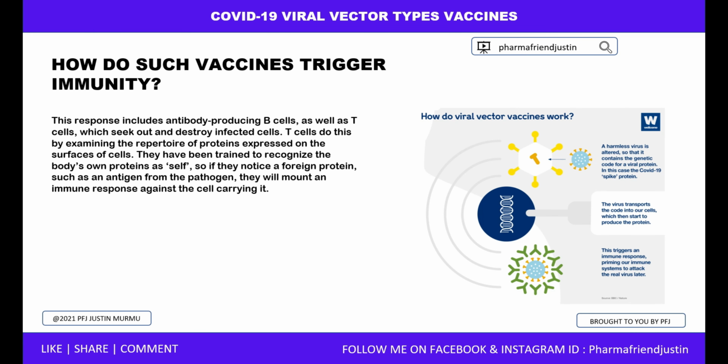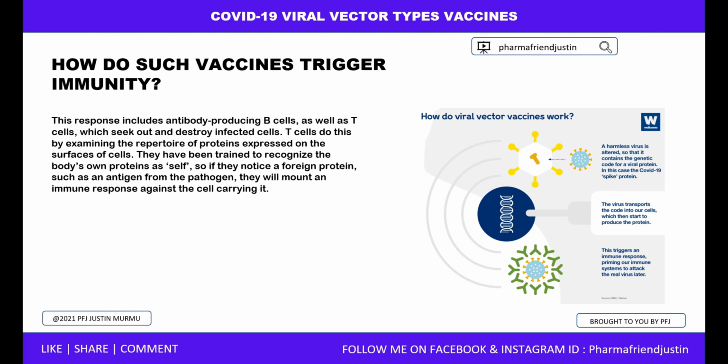This response includes antibody-producing B cells as well as T cells, which seek out and destroy infected cells. T cells do this by examining the repertoire of proteins expressed on the surface of the cell. They have been trained to recognize the body's own proteins as self. So if they notice a foreign protein such as an antigen from the pathogen, they will mount an immune response against the cells carrying it.